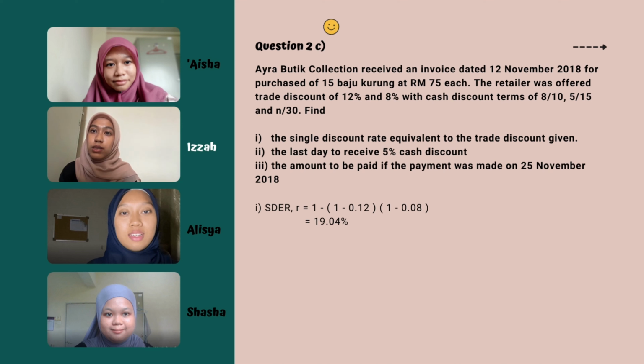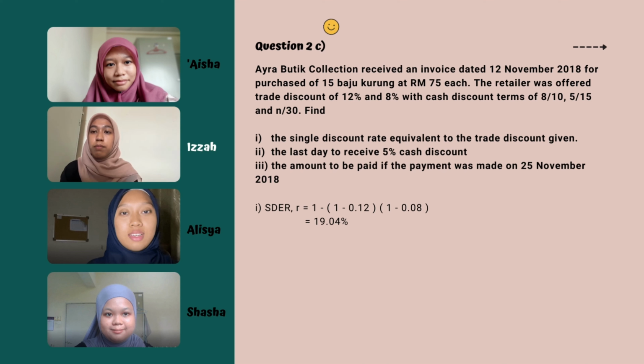So we substitute 12% and 8% into the formula, which is 1 minus, in brackets, (1 minus 0.12) and (1 minus 0.08). So we get 19.04%.